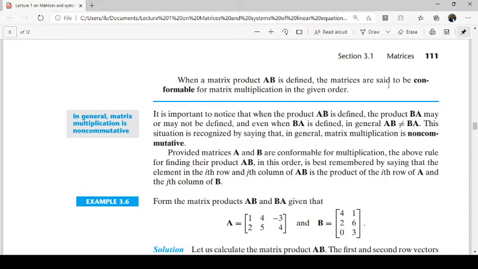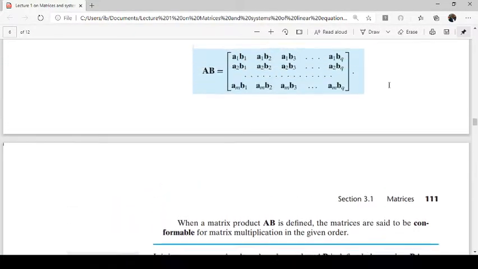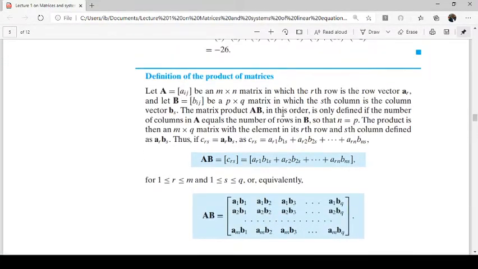Only if the number of columns in A is equal to the number of rows in B.